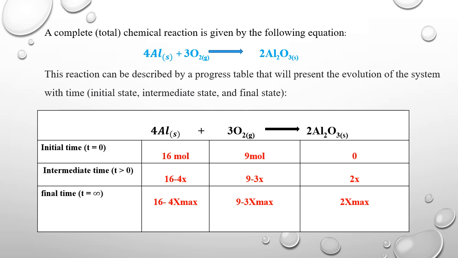Actually, the initial minus the advancement or the reacted. 16 is the initial, minus because it decreases, 4x, it is x preceded by the stoichiometric coefficient 4, preceding the Al.